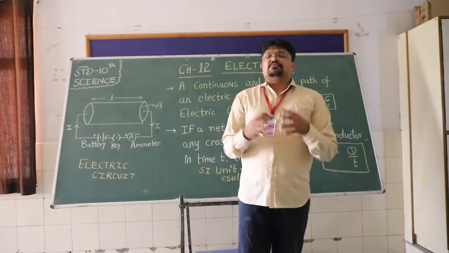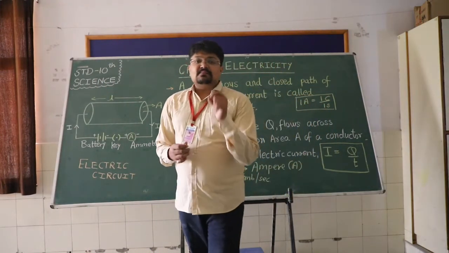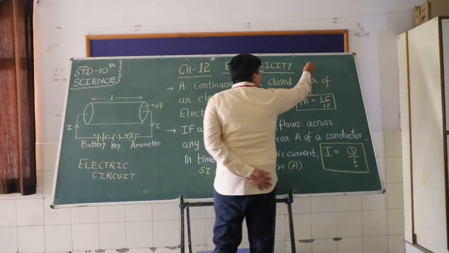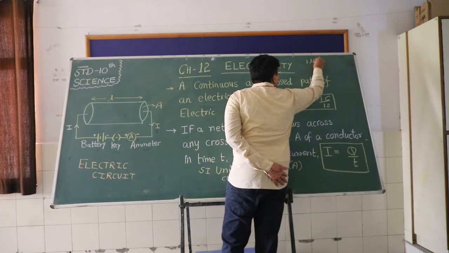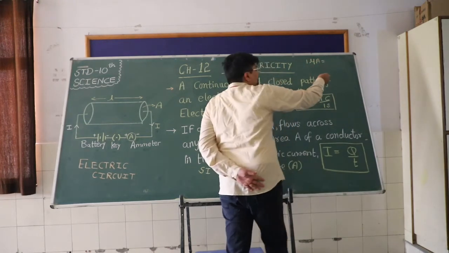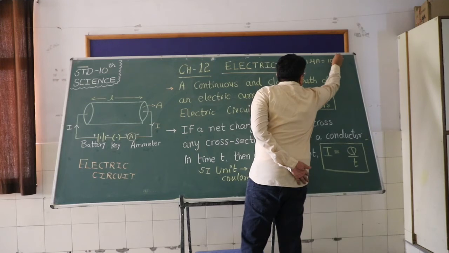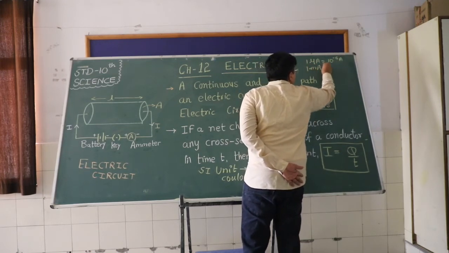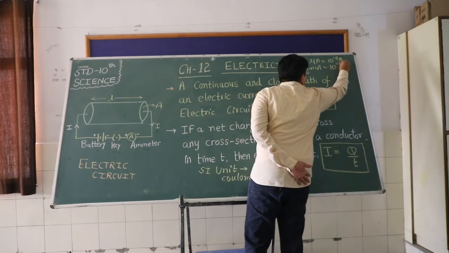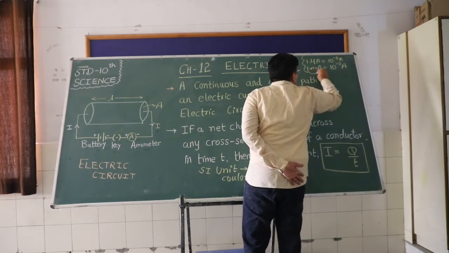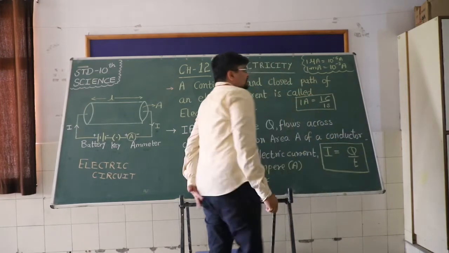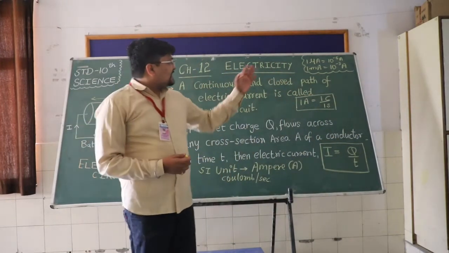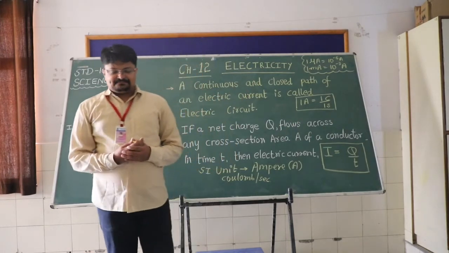Students, in some numericals you will also find some small units of electric current. For example, 1 microampere is nothing but 10 raised to minus 6 ampere, and 1 milliampere means 10 raised to minus 3 ampere. So students, these are also some small units of electric current. 10 raised to minus 6 is microampere, and 10 raised to minus 3 is milliampere.